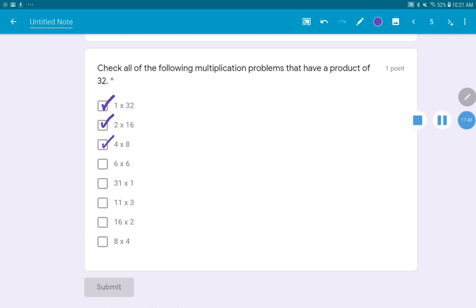So that does not have a product of 32. 31 times 1? That's 31. 11 times 3? No, that has a product of 33. How about 16 times 2? Yes. 8 times 4? Yes.